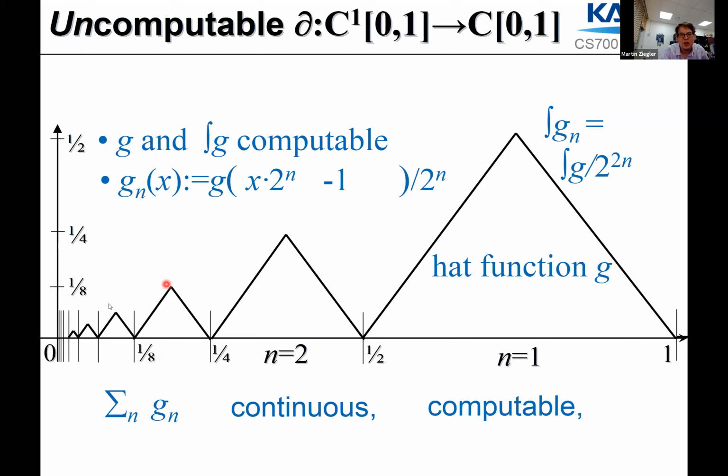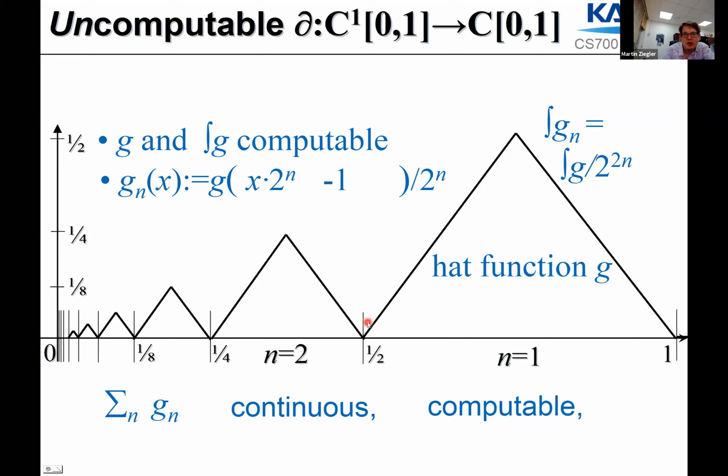And if the argument is less than 2 to the minus n, we're not going to test whether it's 0 or not, because that would be undecidable. Instead, we simply output 0, because for arguments that are so close to 0, it doesn't really matter what the exact value is. The value of the function will also be close to 0, because the resulting function is 1 Lipschitz. Okay, good. So far, so good.